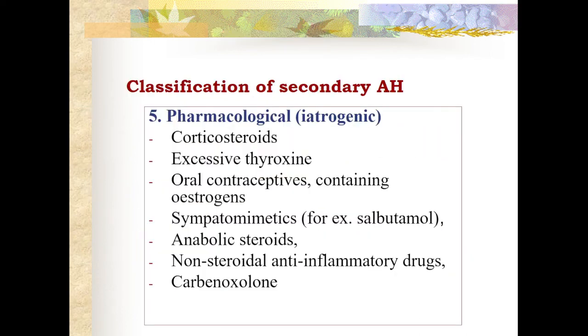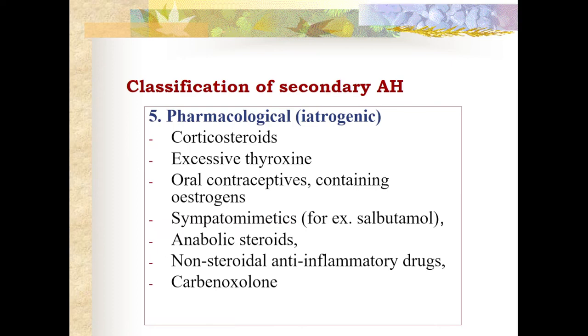Iatrogenic, pharmacological. Iatrogenic reasons of secondary arterial hypertension are associated with usage of medicines. Some drugs, such as corticosteroids, non-steroid anti-inflammatory drugs, can cause arterial hypertension.